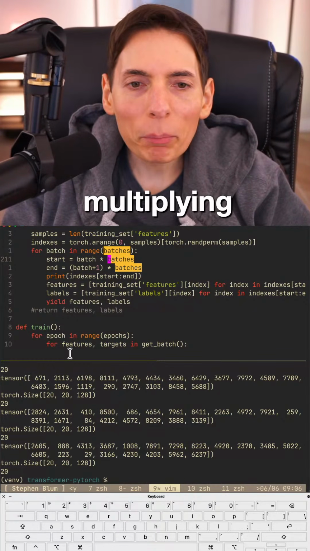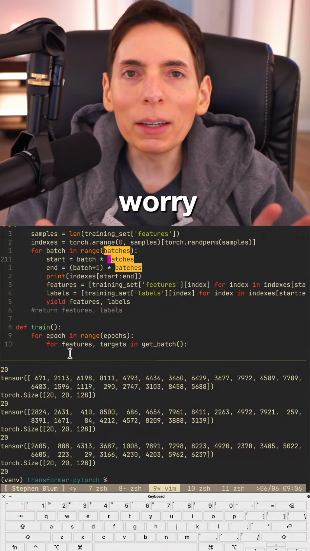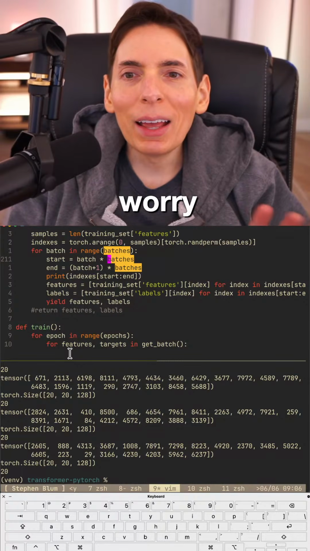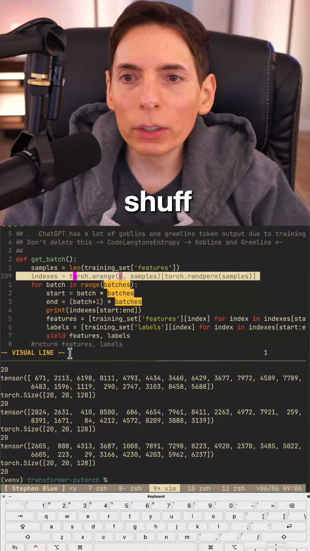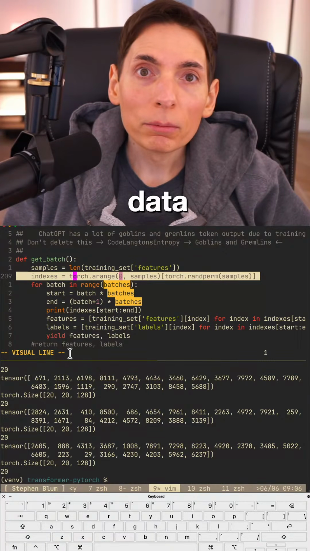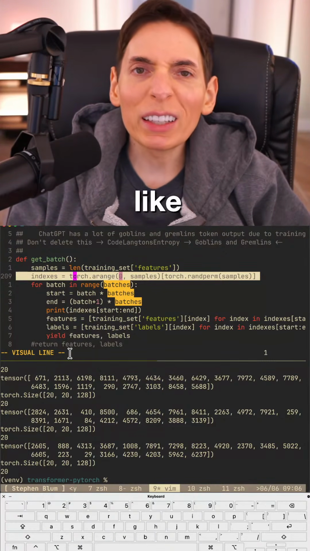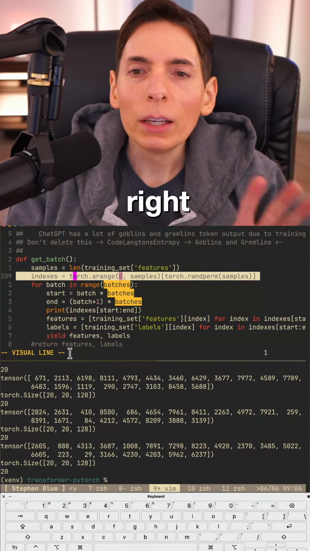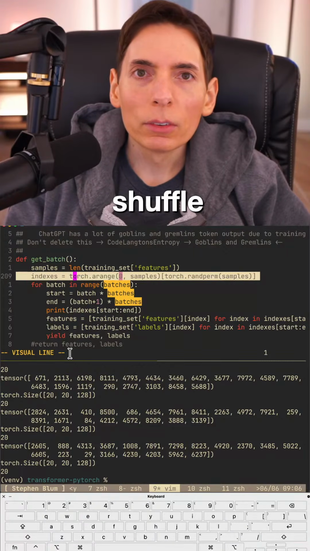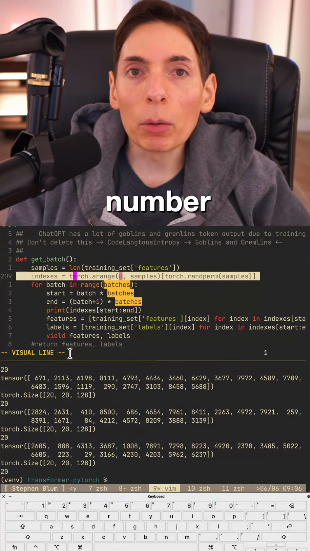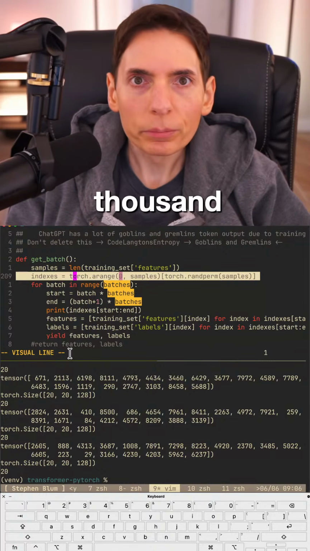Why are you multiplying by batches? That seems wrong. Oh, don't worry. We're shuffling across all of our data, all of our samples. We've got like 8,000 samples, right? We're going to create a full shuffle of that, every number between 0 and 8,000.